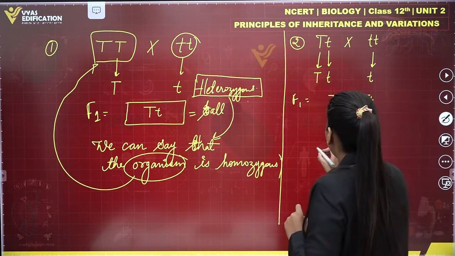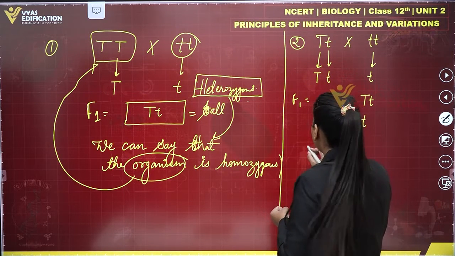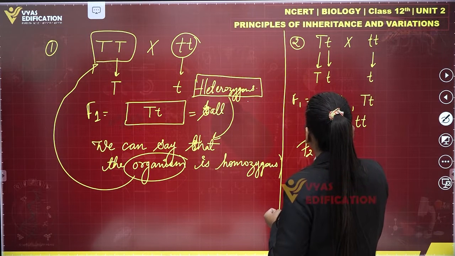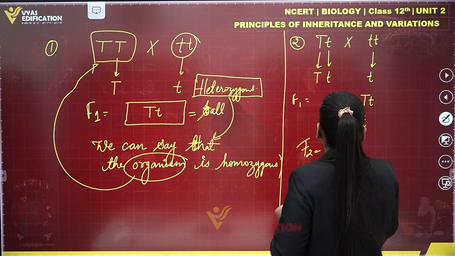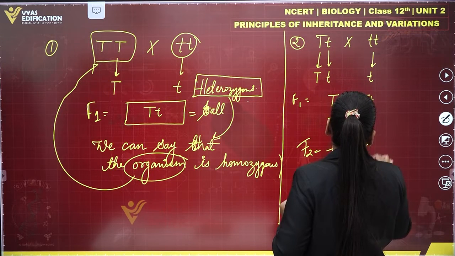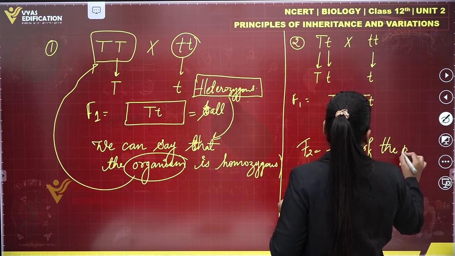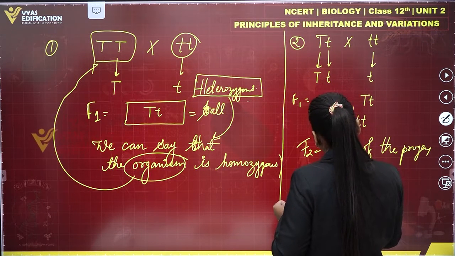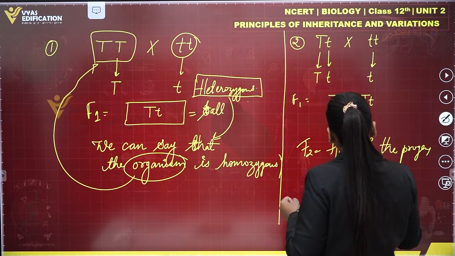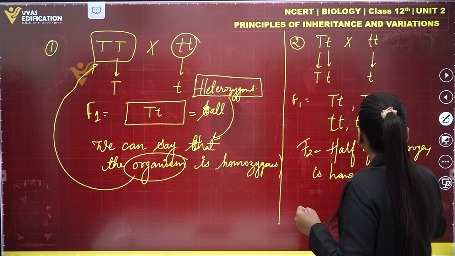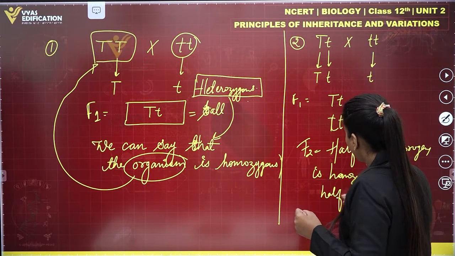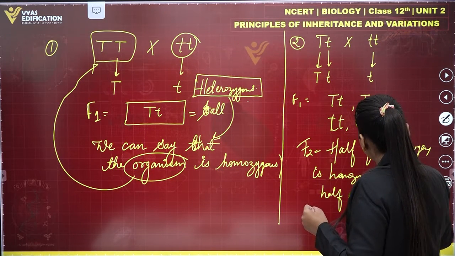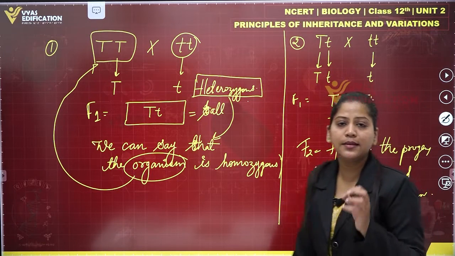Alright, so what we get by the conclusion from the F1 generation in the second case is that half of the progeny is homozygous and half of it is heterozygous.